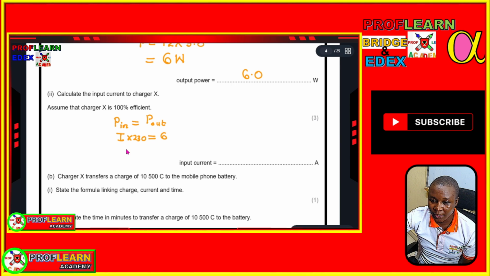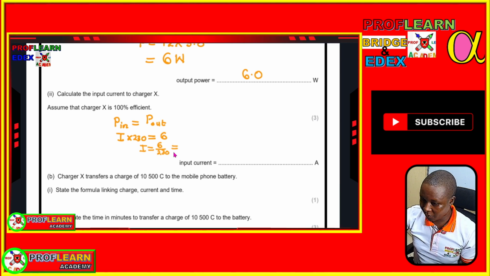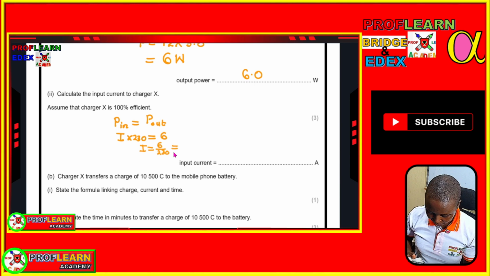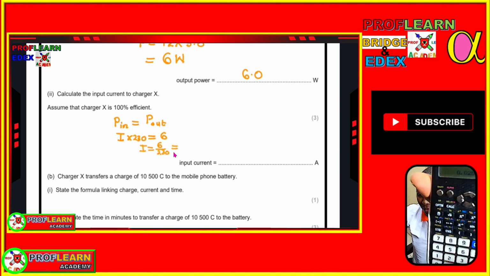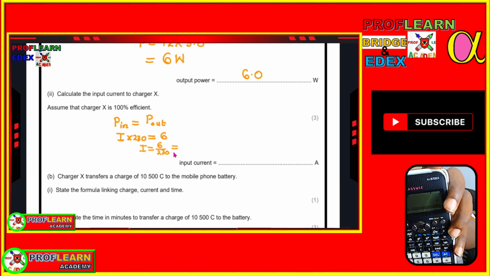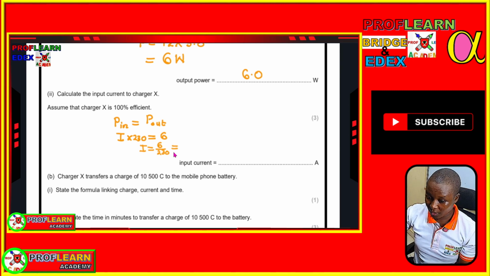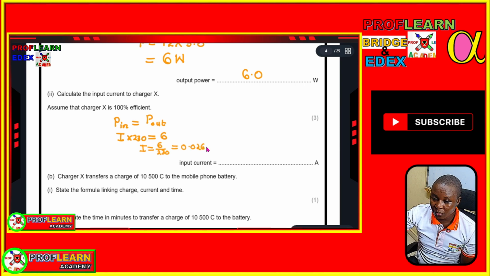So current is 6 divided by 230. If we do our calculation here, 6 divided by 230, that becomes 0.026 amperes.